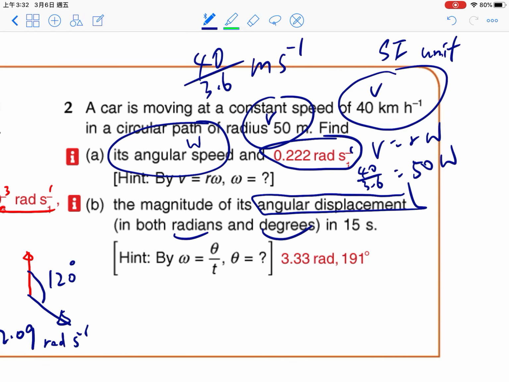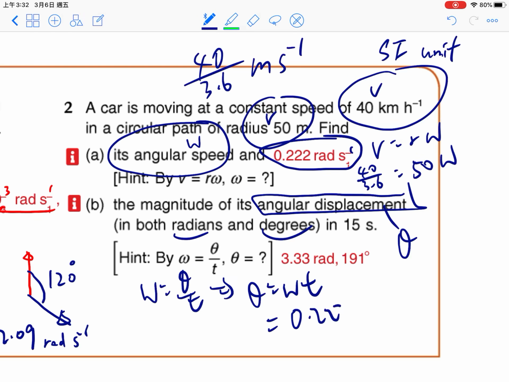Okay, in radian and in degree. Angular displacement, that is theta. So omega equals theta over t, so we have theta equals omega t. Very easy, right? So it will be 0.222 times 15, so 3.33 radian.